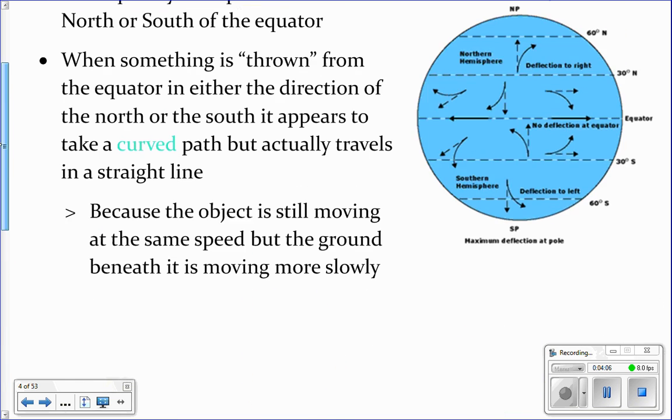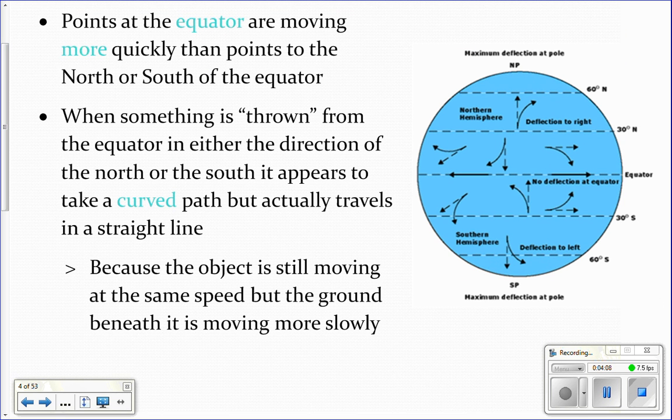So if you're up here at the North Pole and you're shooting a rocket down towards the equator, these points down here are going much faster than these points up here, and so the rocket is going to travel in a straight line, but it's going to look like it travels in a curved path because the Earth underneath is moving faster.